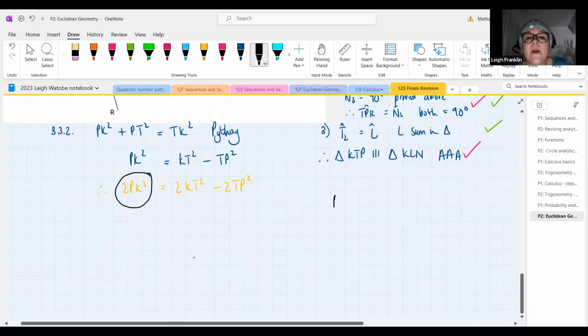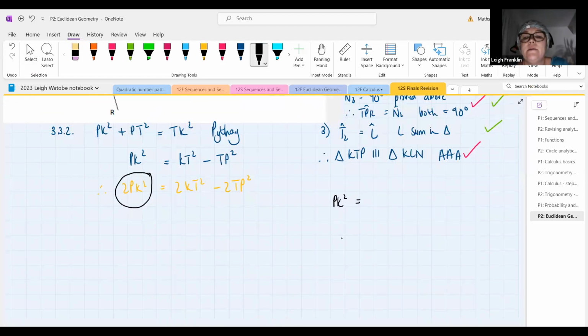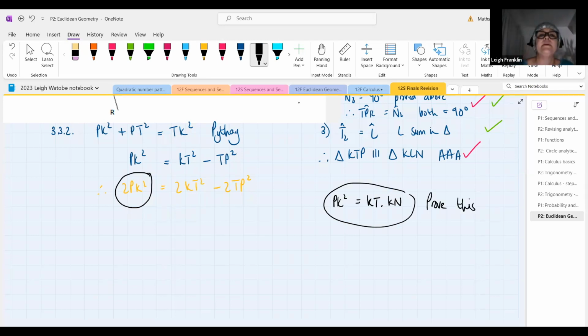Sorry, guys, didn't want the dot there. This is what I need to prove. I'm not going to write it down as though it's a statement, but this is what I've got to prove. So Trish is saying, can we use similar triangles?